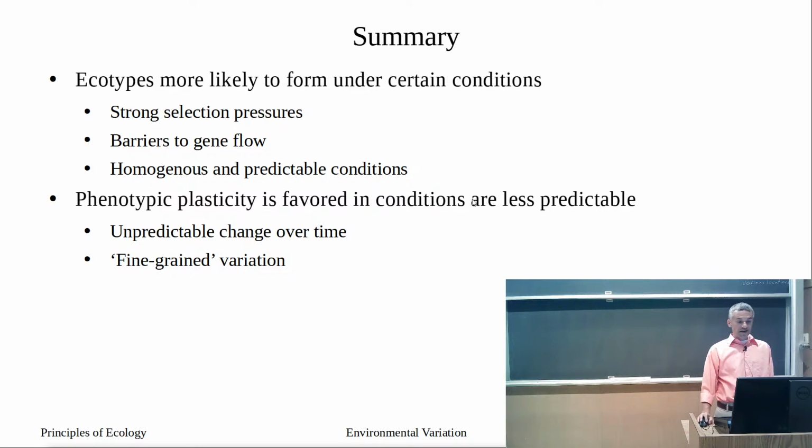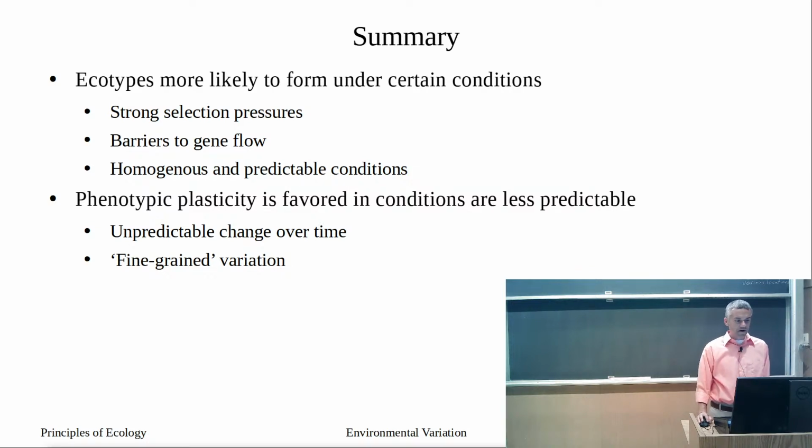All right, so if it's less predictable over time, it's also less predictable over space. So that is our fine-grained variation. We don't know where we're going to end up. We don't know where our offspring are going to end up, and it's a possibility that our offspring or us might end up in a completely different environment.